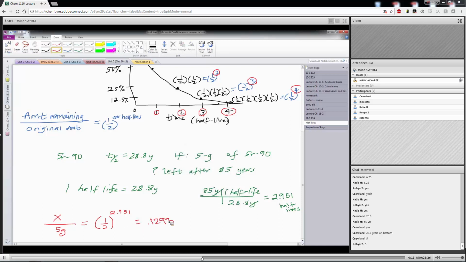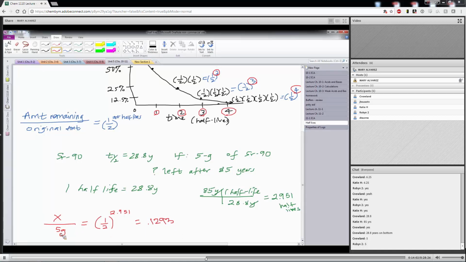This is the fraction that remains, right? Just like here, 1/2 squared told me that 25% remained. 1/2 to the 2.951 tells me that 12.93% of my original amount remains.